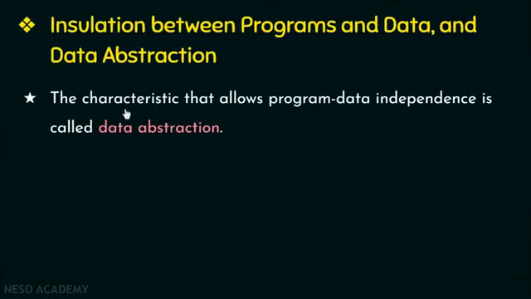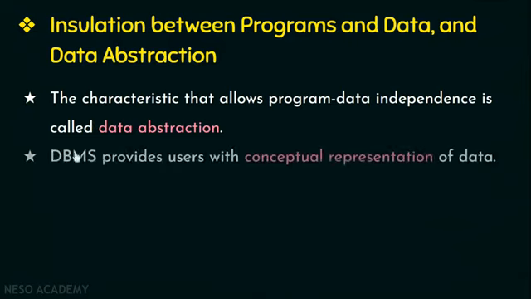Now the characteristic that allows program data independence is called data abstraction. DBMS provides users with a conceptual representation of data. That is, it hides the behind-the-scene details or the complicated details that are not of interest to the database user.